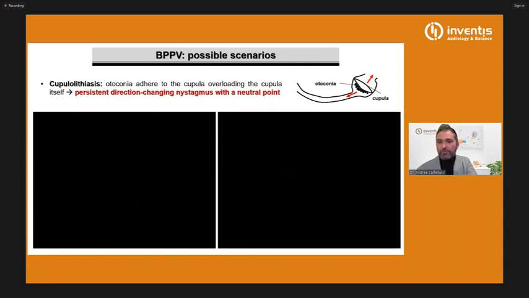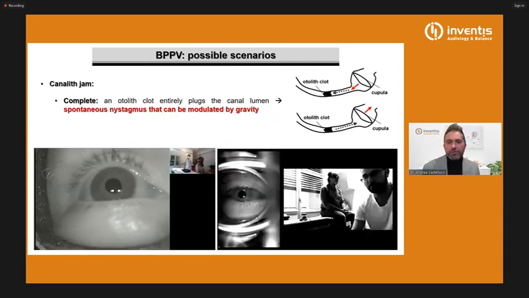So in this case, we have cupulolithiasis. But there is a third scenario. The third scenario is the canalith jam. What is a canalith jam? Canalith jam might be complete or incomplete.